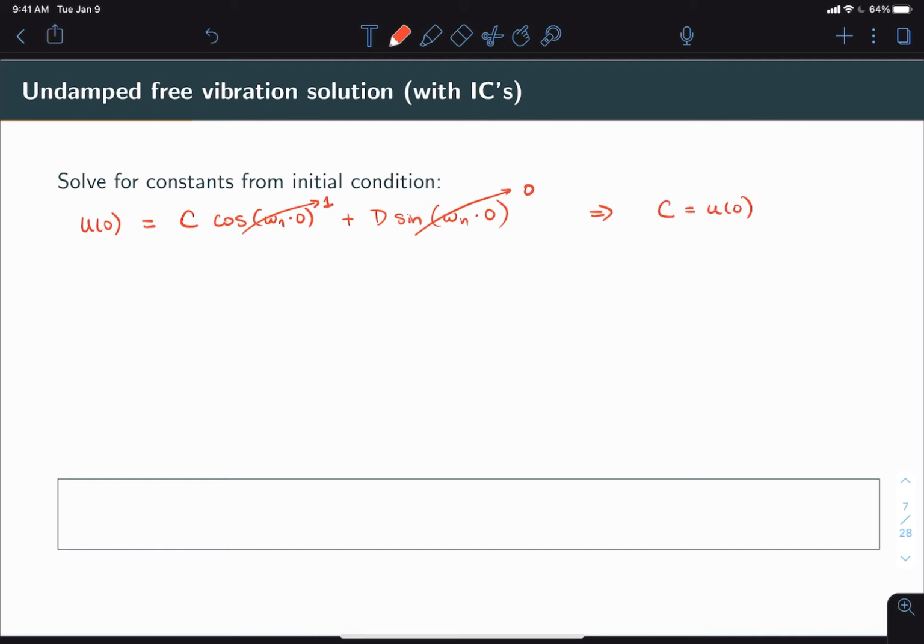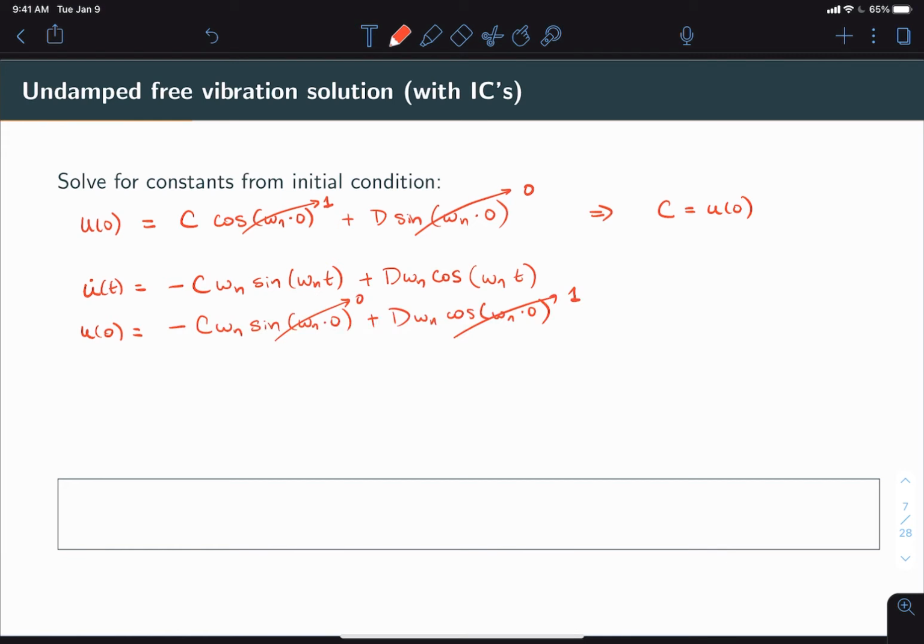We do the same thing for the derivative of the general solution. So we need to first solve for u dot of t by simply taking the derivative of our general solution. Notice that we get an omega n term on the outside. And then now we can plug in t equal to 0.